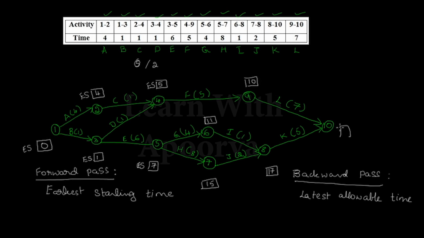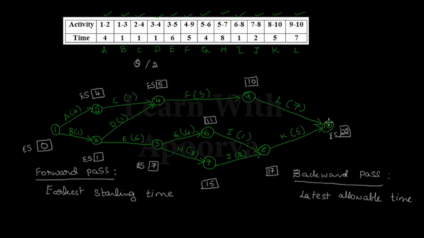Node 10 again has 2 options. The first option is 10 plus 7, which is 17. The second one is 17 plus 5, which will be 22. Among 17 and 22, 22 is the maximum, so let's take 22 as the earliest starting time for node 10.